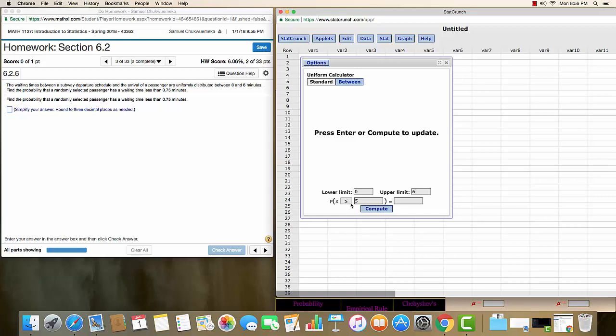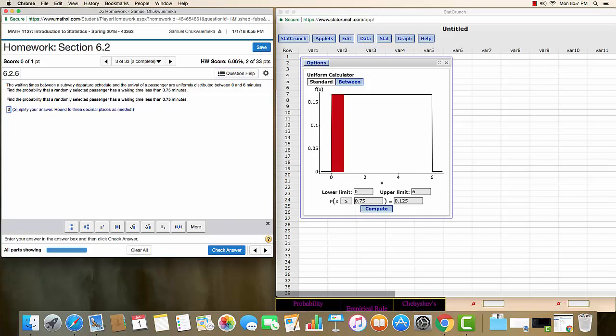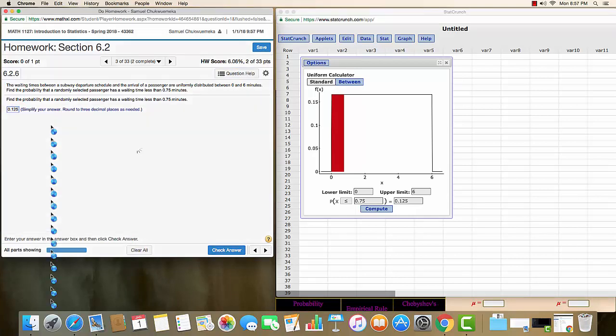And they're asking probability that the waiting time is less than 0.75. So you put 0.75, and you can either press the compute button or tap the enter key on your keyboard. So this is 0.125. That's the answer. 0.125. Okay.